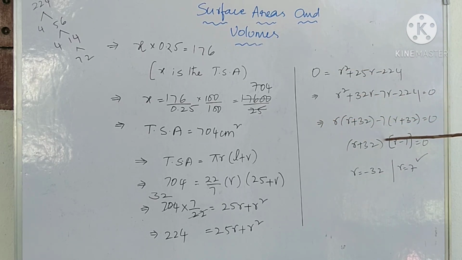Here minus 7 is common, remaining terms are r plus 32, since 32 sevens are 224. So r plus 32 is the common term, remaining term r minus 7 equals 0. Here r equals minus 32 or r equals 7. We always consider the positive value, so the radius is 7 centimeters.